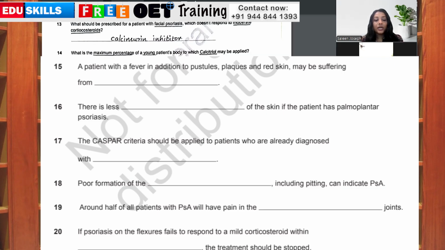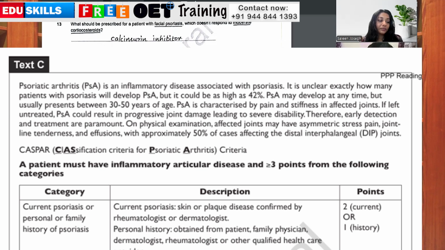Now, the 19th question. Around half of all patients with psoriatic arthritis will have pain in the dash joints. Almost half of the patients with psoriatic arthritis will have pain where? Psoriatic arthritis, again, we are moving to text C. What have they mentioned there?